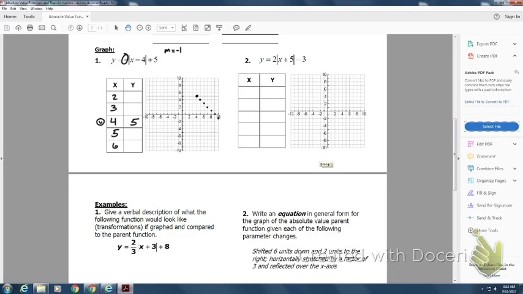Okay. But it is also going to have the opposite, whatever that number it is, the opposite of it is going to be the slope of the other side. So I will go down 1, left 1.